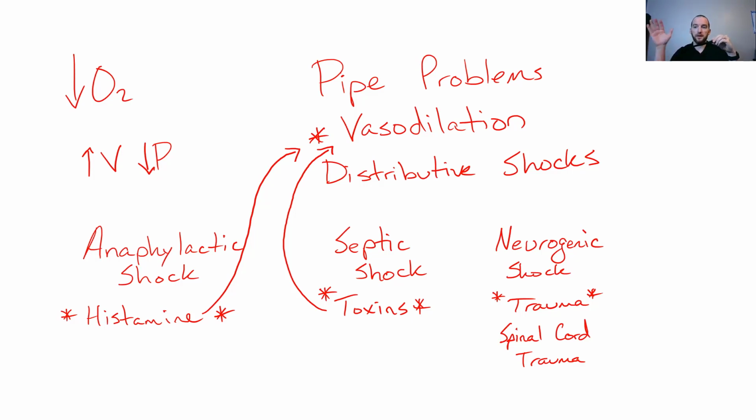So if we cut off that nervous system signal input, those smooth muscles around our blood vessels are just going to relax. And relaxed smooth muscles around our blood vessels is vasodilation, right? So once we lose that nervous system tone, that muscle tone, everything relaxes, and it causes our vasodilation.